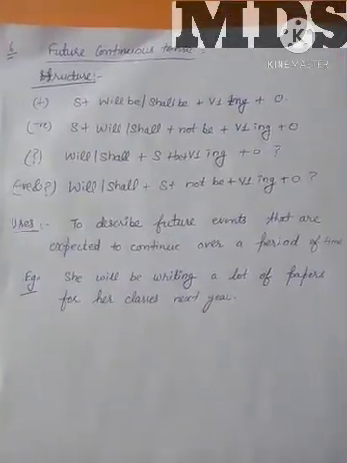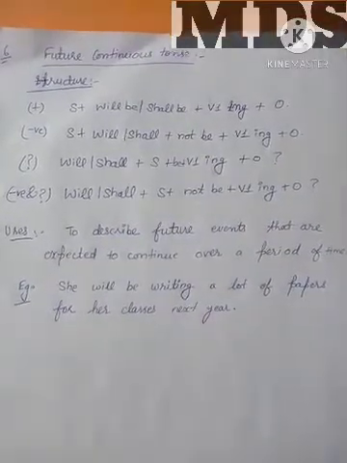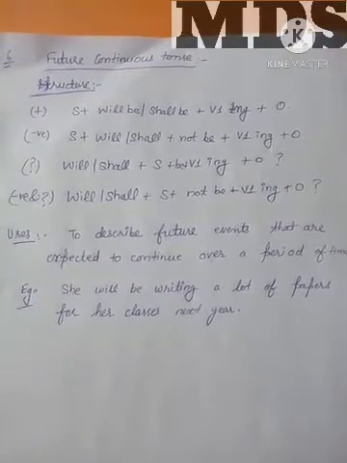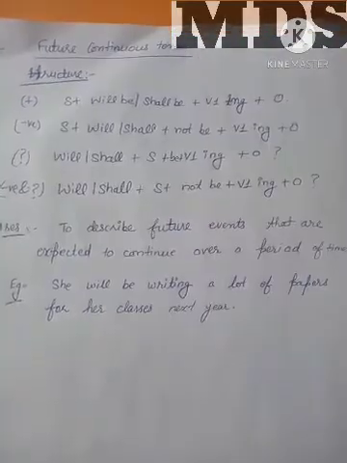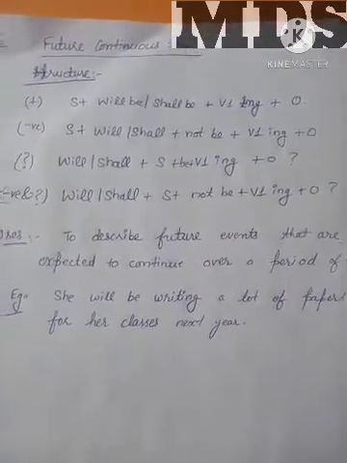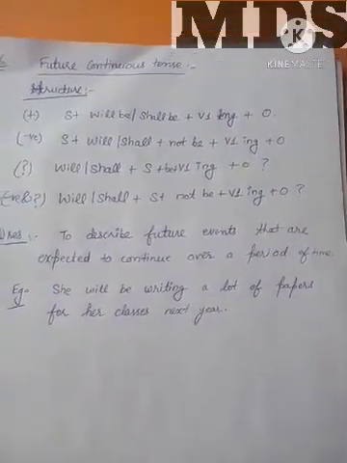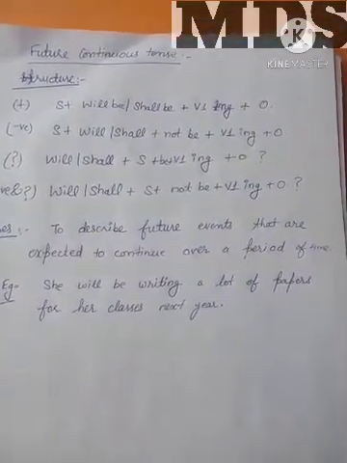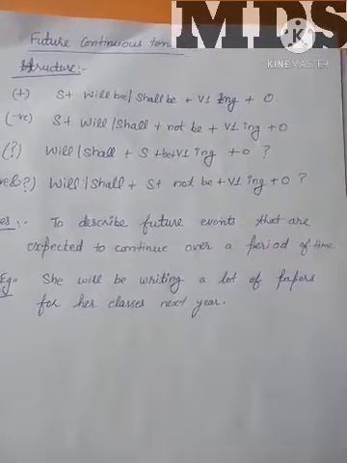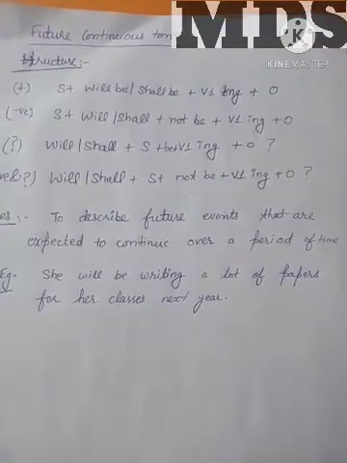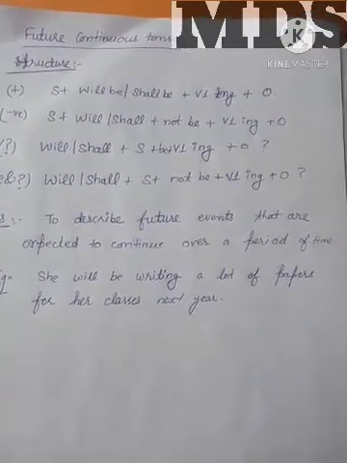Next that we have is future continuous tense. Its structure would be subject, then will be or shall be, then first form of the verb with ing, and then the object. For negative, we'll be using subject, will/shall plus not, be, plus first form of the verb with ing and then the object.